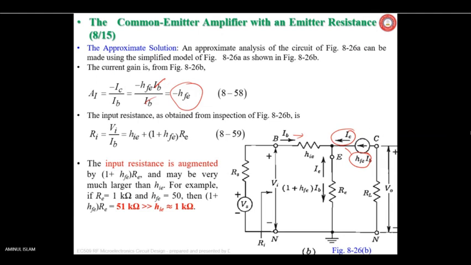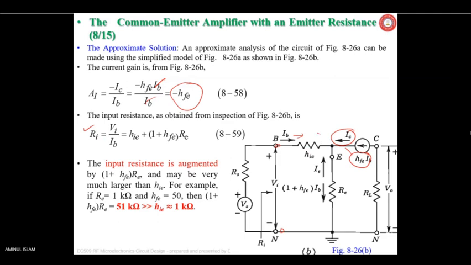So it is not changing, and the input resistance obtained is Ri equals Vi by IB. Vi is across this terminal, divided by IB. And what is Vi?